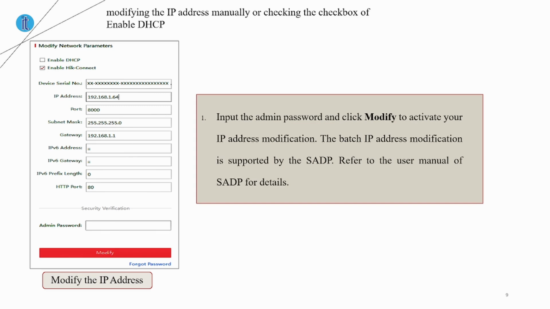Once you uncheck the DHCP option, it will allow you to input the provided IP address for the project. If you have an IP plan that you are supposed to use during this configuration, this section allows you to input the IP that you have provided for the project manually instead of getting it automatically. That is just the simple steps on how to modify the IP address from SADP software.